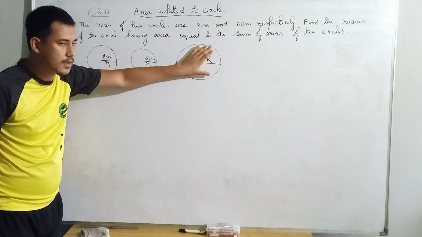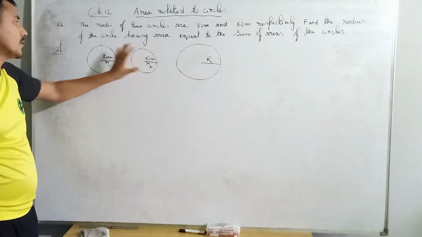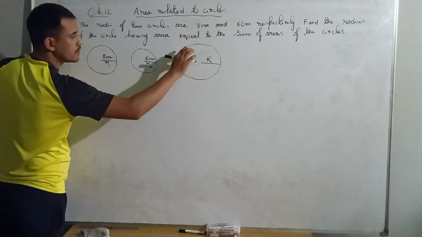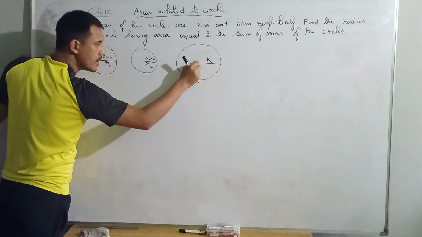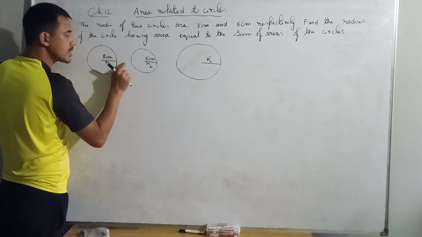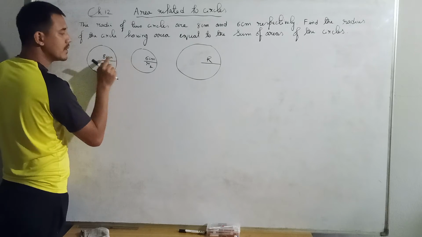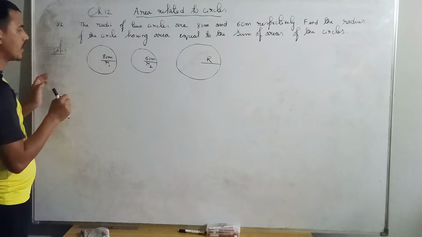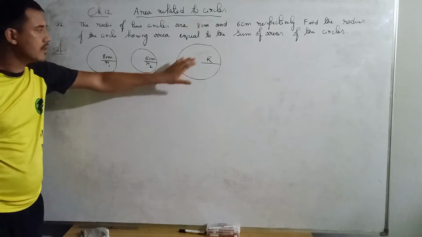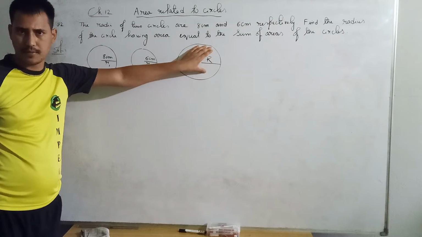It means the third circle is much larger as compared to these two given circles. So the area of this third circle is equal to the sum of areas of the two given circles. Means you add the area of this circle and then this circle, add their areas. Then it gives you the area of this third circle.